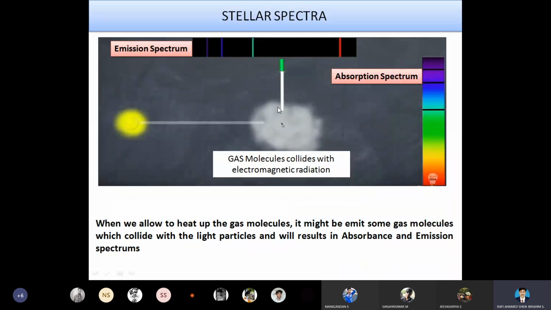This mass contains electromagnetic radiation. When we allow the gas molecules to heat up, when the radiation falls on the gas molecules and they start to heat up, they might emit, and some gas molecules collide with the light particles. So it's the general concept only.